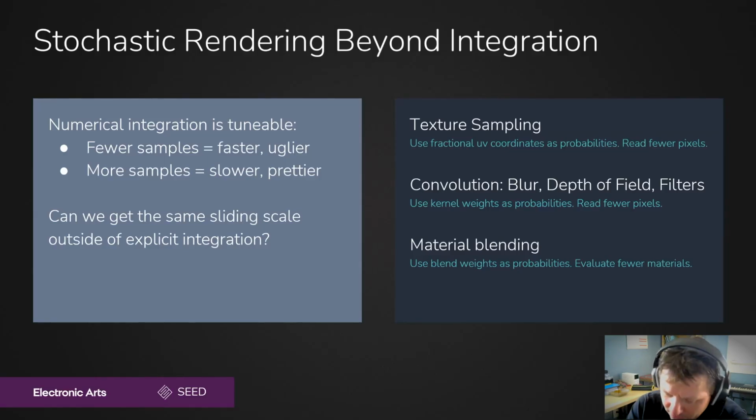And so that will help both with your compute and your memory bandwidth costs. And it'll reduce the quality, introduce some noise, but it can alleviate some of those problems.